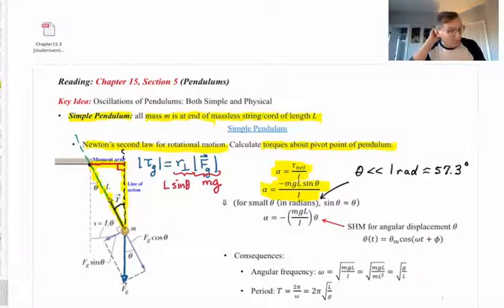And what you learn when you study power series / Taylor series is that the power series for sine theta enables you to approximate sine theta when theta is small in radians with just theta itself. Sine theta is approximately equal to theta when theta is much less than 1 radian.